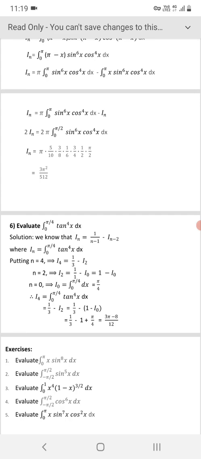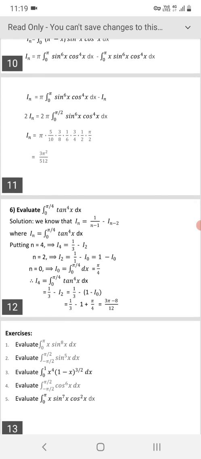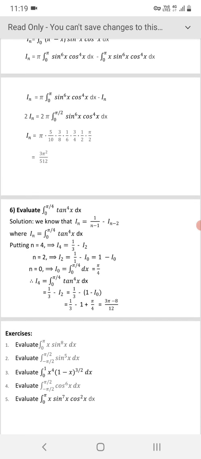By putting n equals 4, we get I4 equals 1 by 3 minus I2. For n equals 2, we get I2 equals 1 minus I0. For n equals 0, I0 equals integration 0 to pi by 4 tan power 0 with respect to x, that is 1. Therefore, the value is pi by 4.